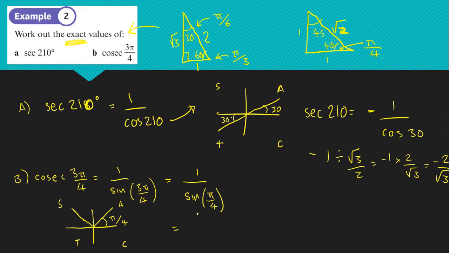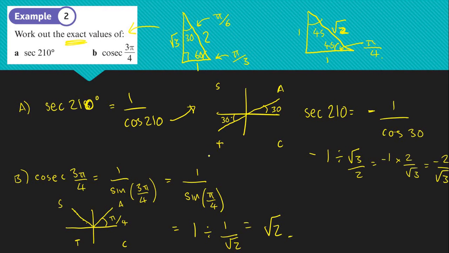Okay, well, what's sine of pi over 4? Well, sine of pi over 4 is one of these ones, and so you've got the opposite over the hypotenuse. So that's 1 over root 2. So you've got 1 divided by 1 over root 2, which comes out to me as root 2.